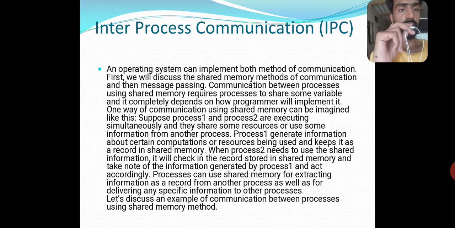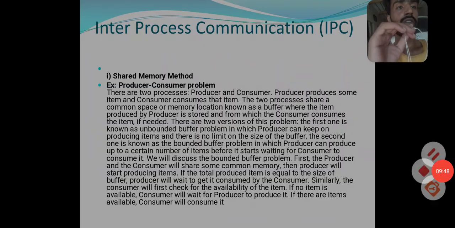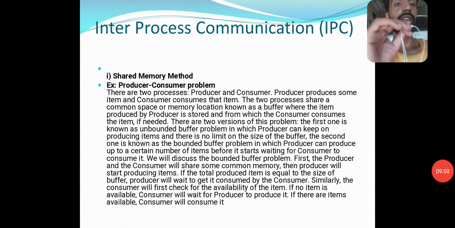Let's discuss an example of communication between processes using the shared memory method. Inter-process communication IPC. Shared memory method example: the producer-consumer problem. There are two processes, producer and consumer.